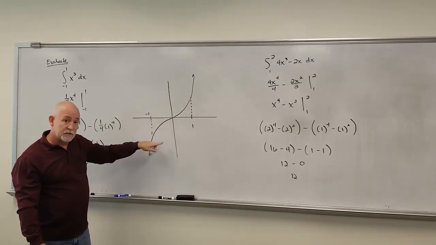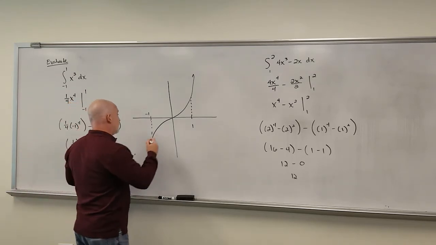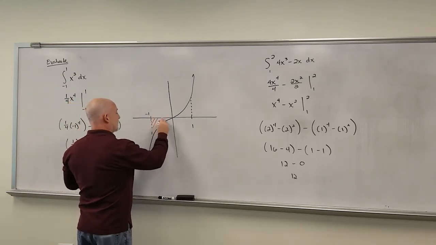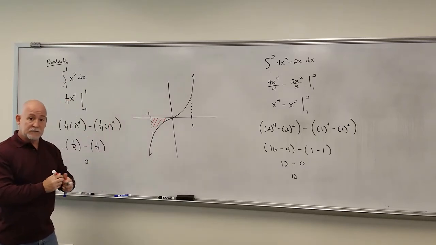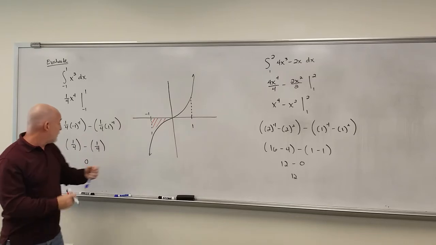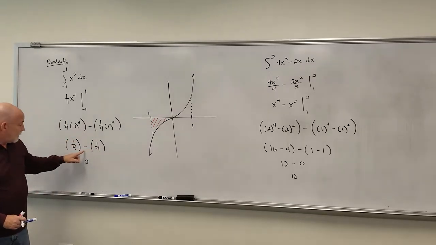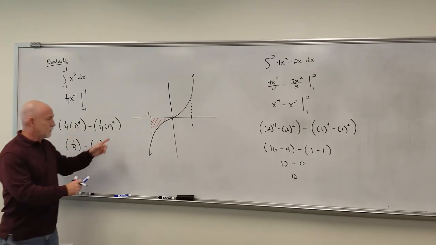That's backwards, isn't it? So what actually ends up happening here is this area right here, because it's below the x-axis, because it's backwards basically, we actually get a negative area for this, and that shows up in this piece here. You see how we had a negative piece? I'll show you in a second.